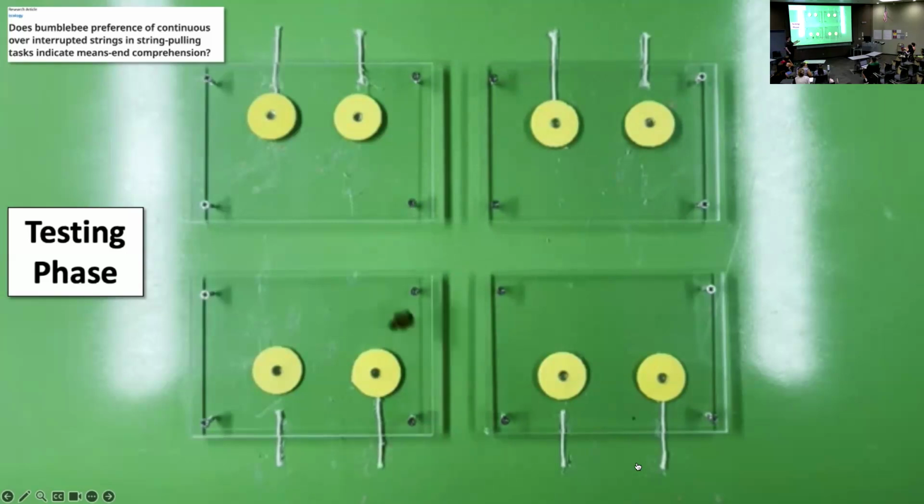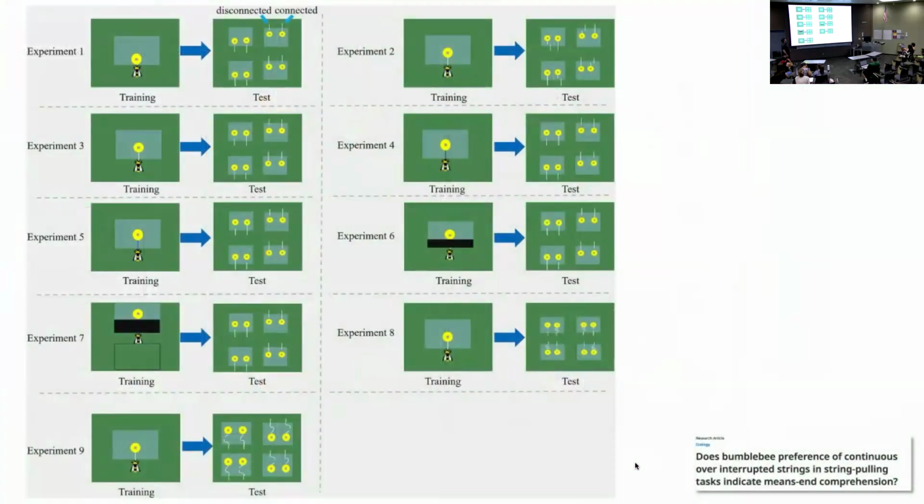So you can watch videos like this over and over again, and then you can count what proportion of time, every time the bee lands on the table, it is closer to one string or the other, or interacting with one string or the other. And you can do this in a wide range of different experiments. Here they actually did 8 different types of experiments meant to tease apart different hypotheses, where you can see the training is with or without a string.